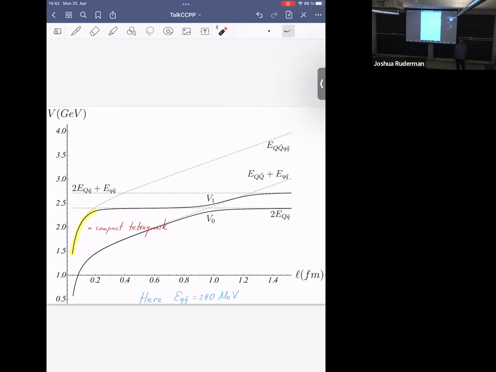I hope my next project is to apply it to pentaquarks, to doubly heavy pentaquarks. What happens with dibaryons is another story.